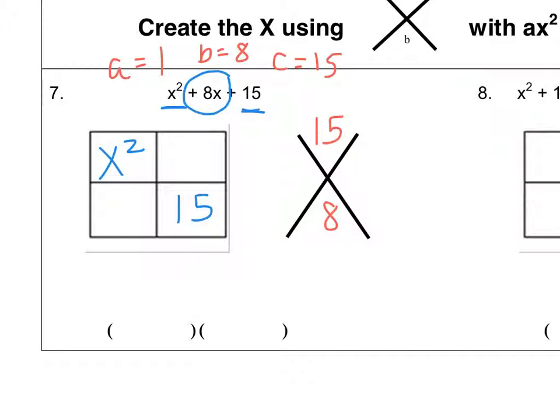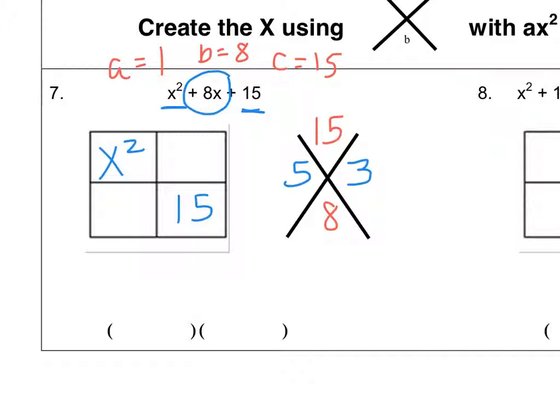So now all we have to do is a skill we already know, which is fill out our X puzzle. And from looking at this, I know that 5 times 3 will equal 15, and 5 plus 3 will equal 8. So these two things that we're figuring out, the 5 and the 3, they make up our peanut pair.